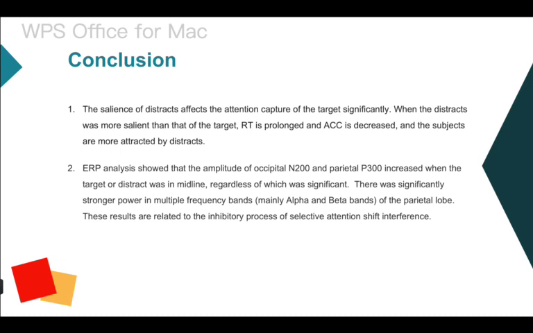No matter which position the interference was significant, there was significantly stronger power in multiple frequency bands of the parietal lobe. This result was related to the inhibitory process of selective attention shift interference.